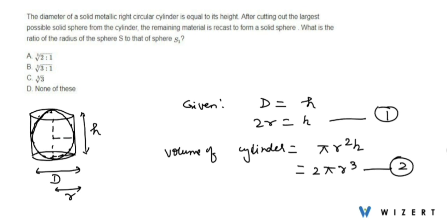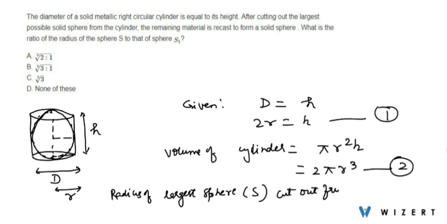So the radius of this largest sphere, which we name S, that is cut out from this cylinder, will be half of the diameter, or you can say the radius r.